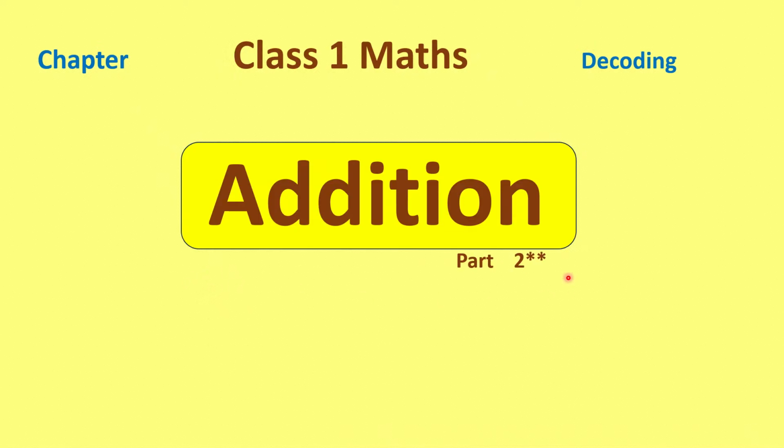Okay, it's the second half of part two of addition. Here, the star mark is a symbol of that. I have already completed the one star mark session, and this is the second session of part two of addition.